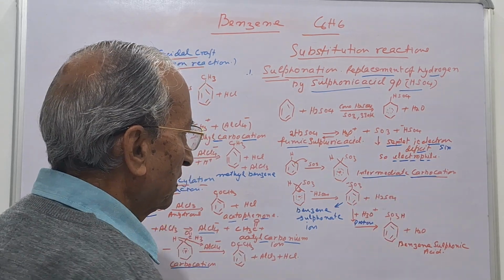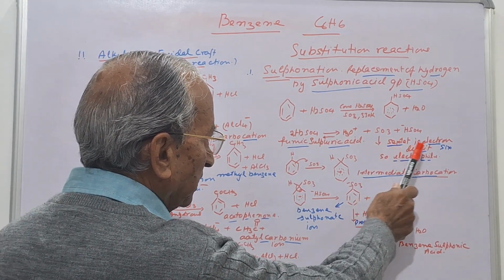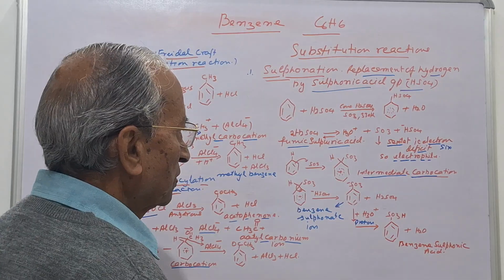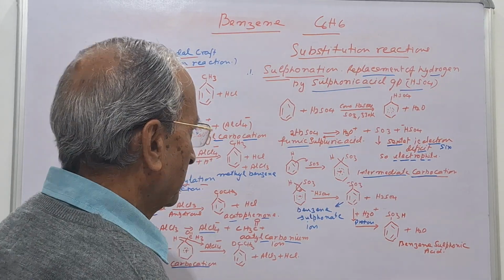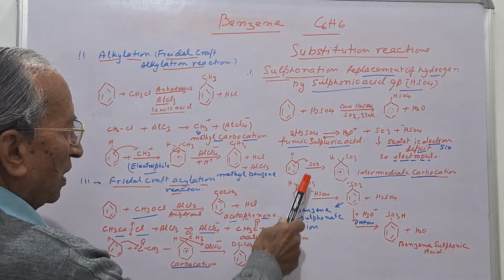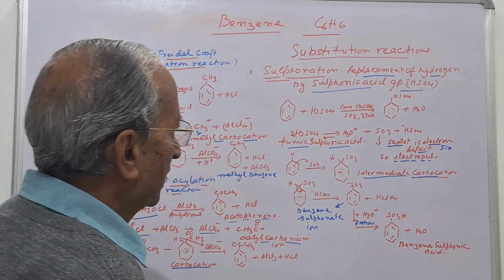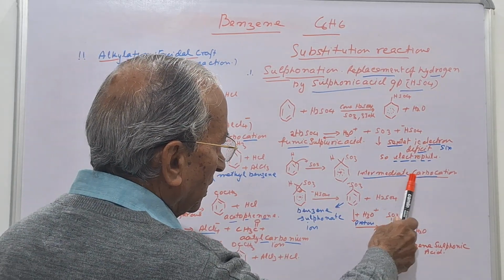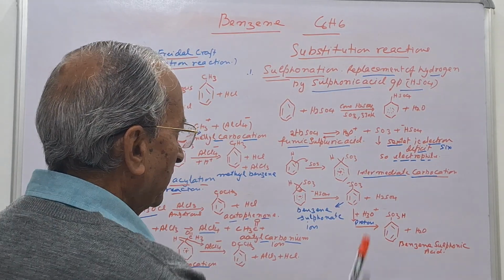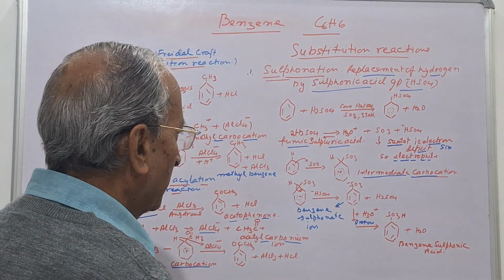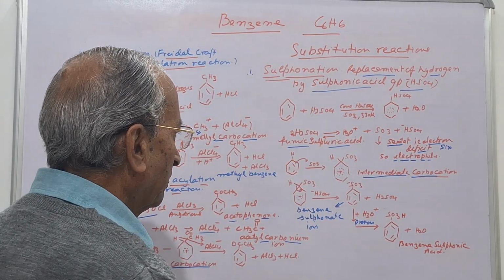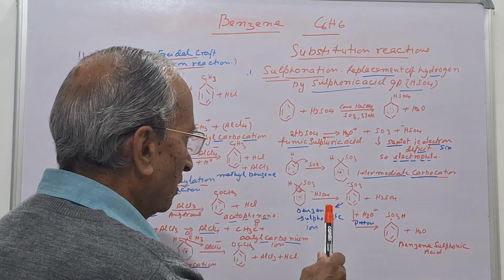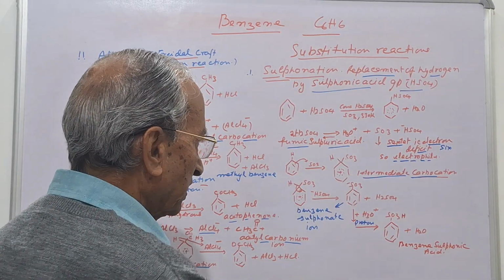Sulfur trioxide gas, here sextet, that is electron deficient, will be an electrophile in nature. It reacts with benzene and forms an intermediate carbocation. In the intermediate carbocation, these three alternate bonds dissolve and form a ring-like structure.